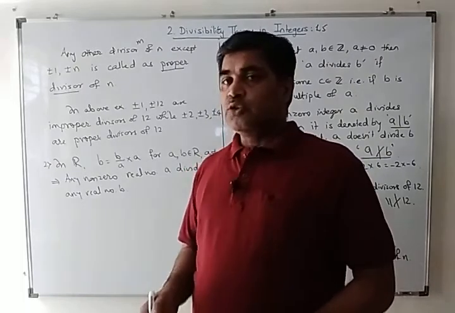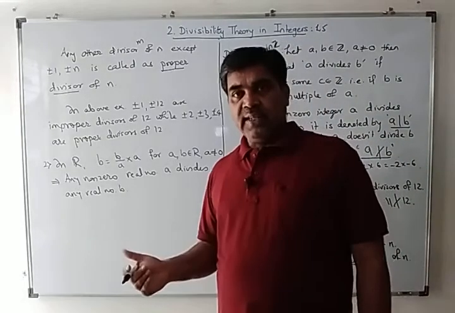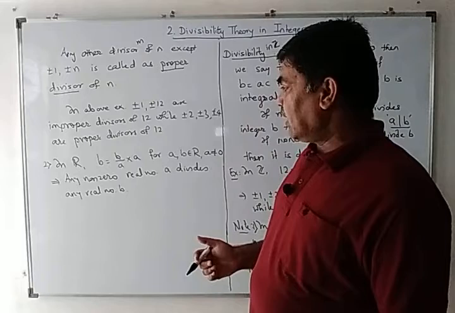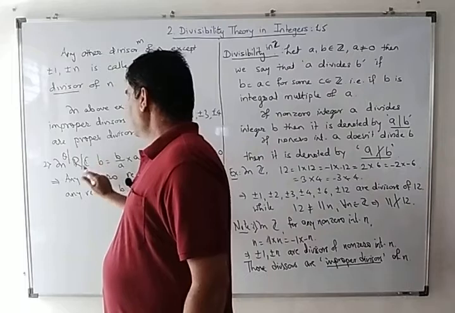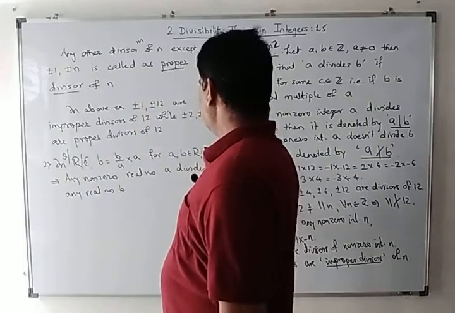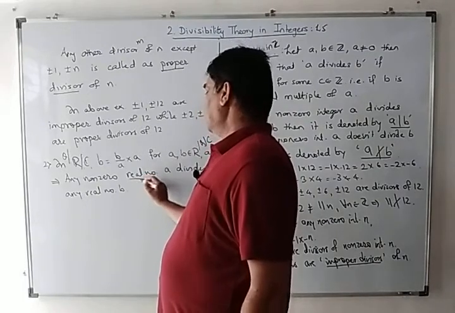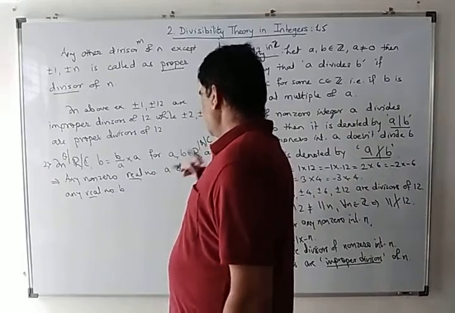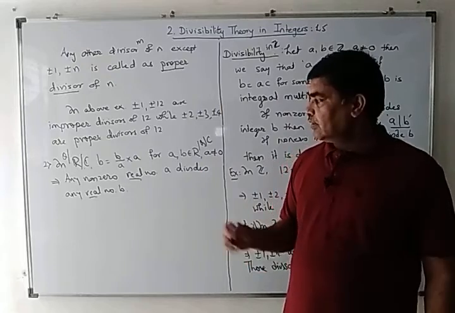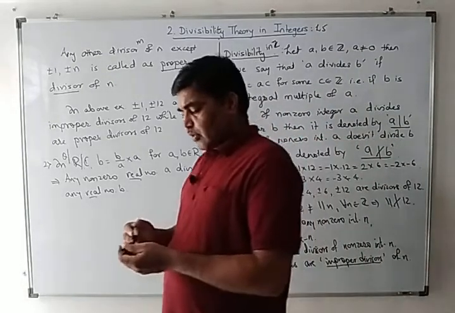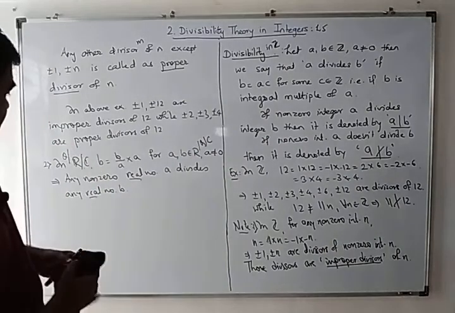In Q, R, C, a, b belong to Q or C. Instead of real, I can replace a, b by rational numbers or complex numbers also. And so we are studying the concept of divisibility in the set of integers.